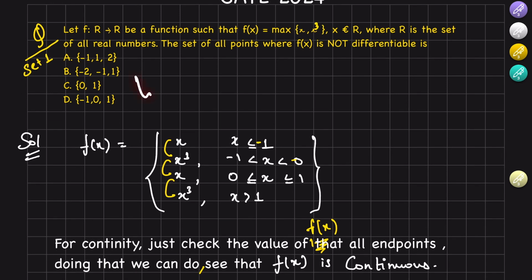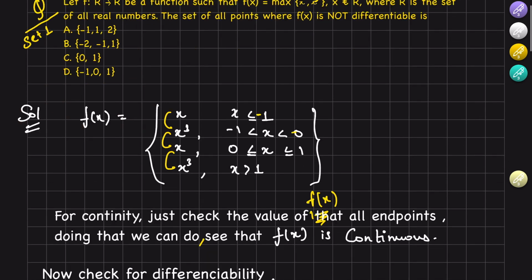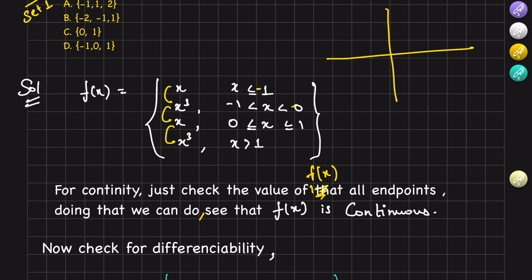Also, you can mark answer D by symmetry. For example, this is the y equals x line. Now x cube goes like this, right? If you just imagine the graph, this point will be x equals 1 and this point will be x equals -1.